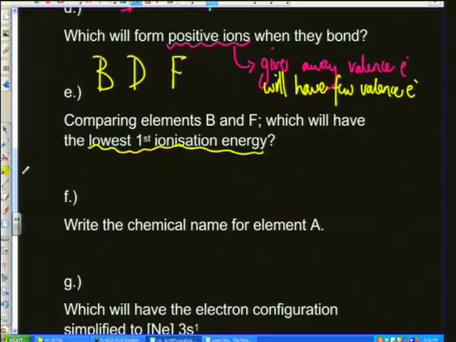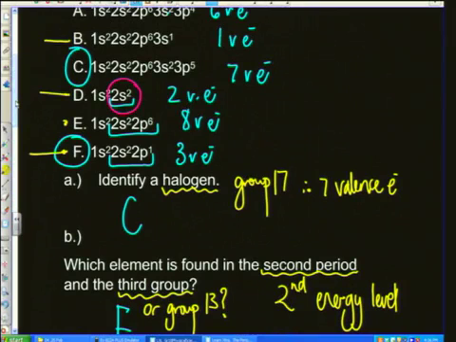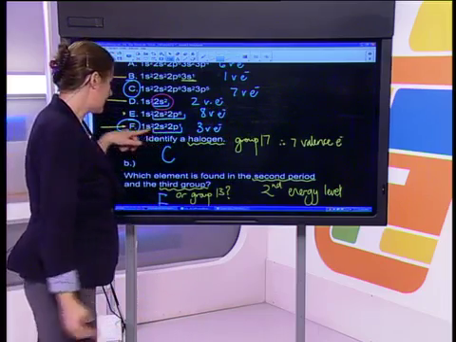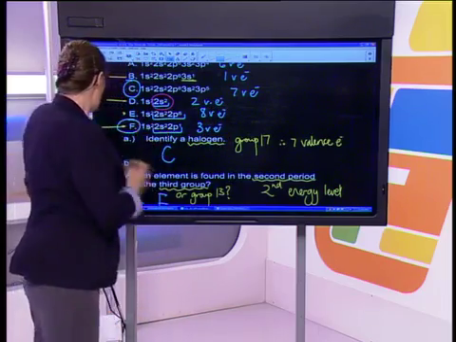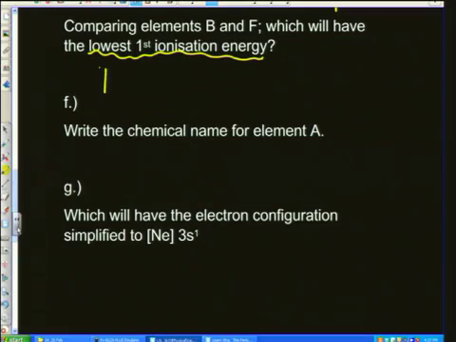Comparing B and F, which will have the lowest first ionization energy? We're now looking specifically at B and at F. They've got different numbers of electrons, but think this through. This is getting to energy level 3, which means the third energy level. In comparison, F is only in the second energy level, which means this electron is going to be further away. So B is my answer. Why?